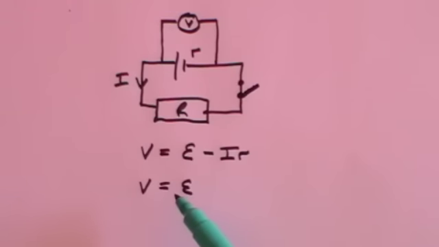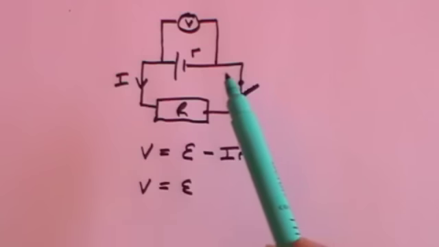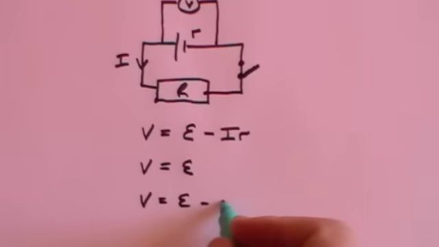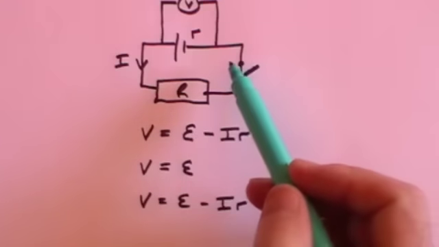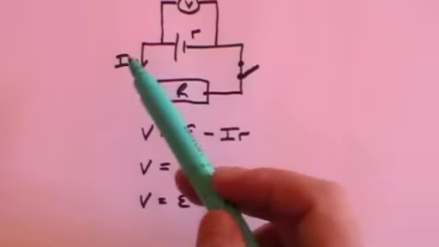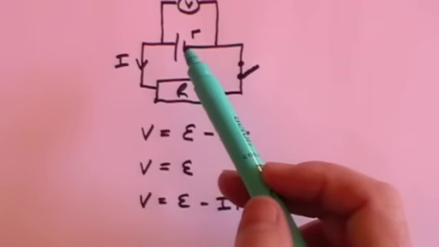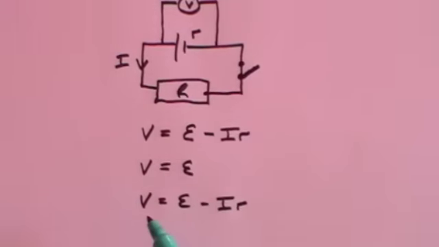So there is no potential drop across the battery because there's no I. But if you then close that circuit, then the V you will measure will be E minus Ir, and now because you've closed the circuit, a current will flow, there will be a current in the battery, therefore there will be a potential drop across the battery, and therefore the voltage that you measure will be lower than the EMF, and it will be lower by the amount of I, the current, times r, the internal resistance.